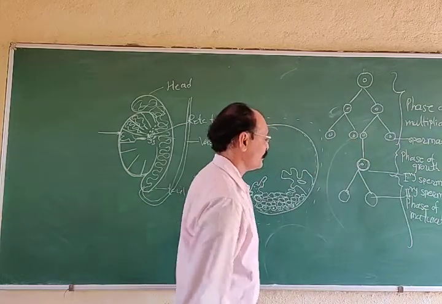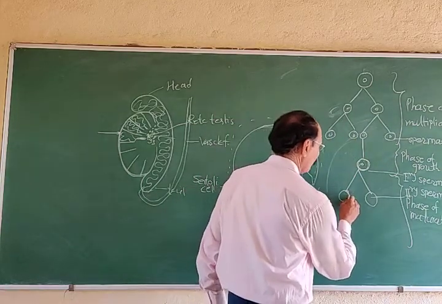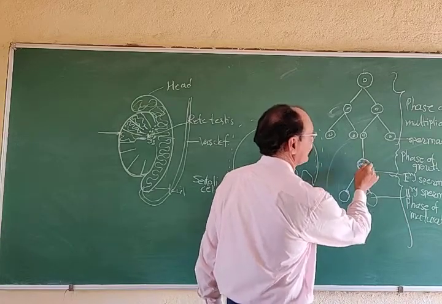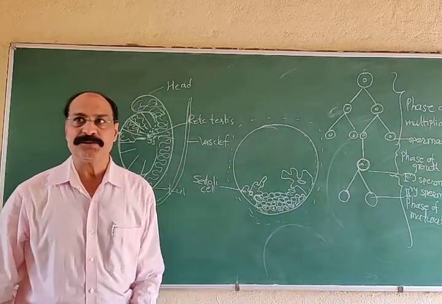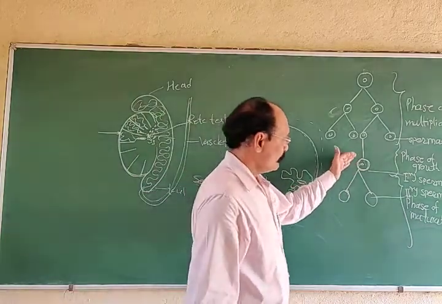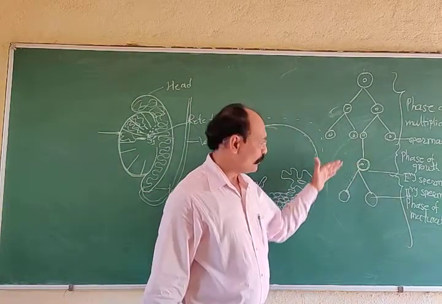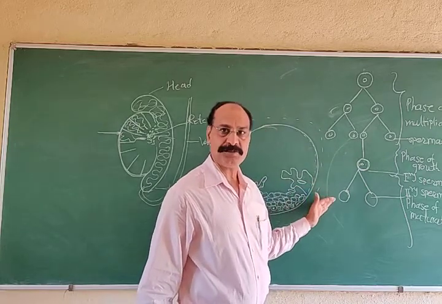These secondary spermatocytes are formed due to the reduction division, that is, the meiotic division takes place.